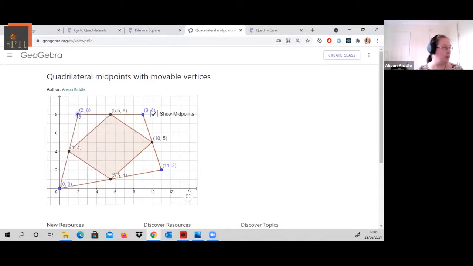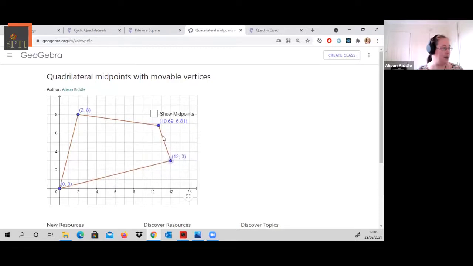So I can pick my points, and instead of having them labeled with numbers, I could start labeling them using letters. So I might say that that's (0, 0), that point is (A, B), that point is (C, D), and that point is (E, F).